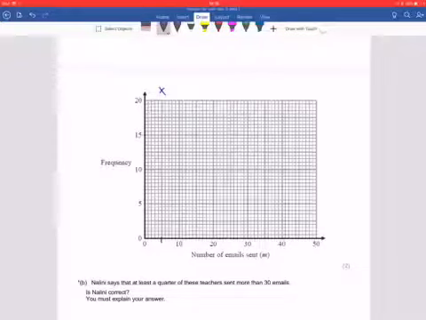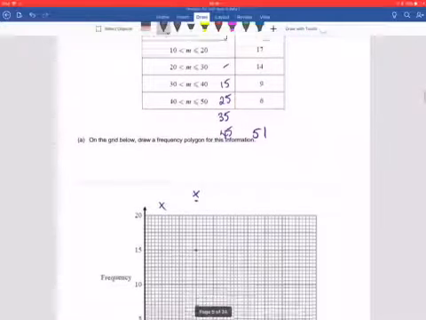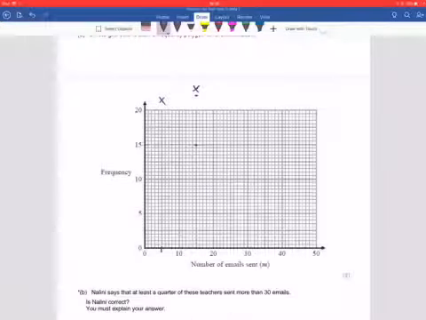Be careful because they go up in 0.5s. 25 and 14, so 25 would be here and 14 one less than 15, which is here. Gosh, they've all gone off. Let me do those again.